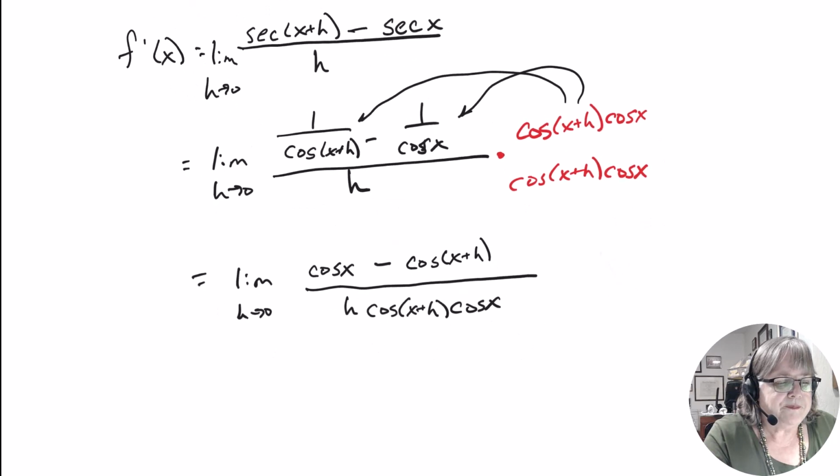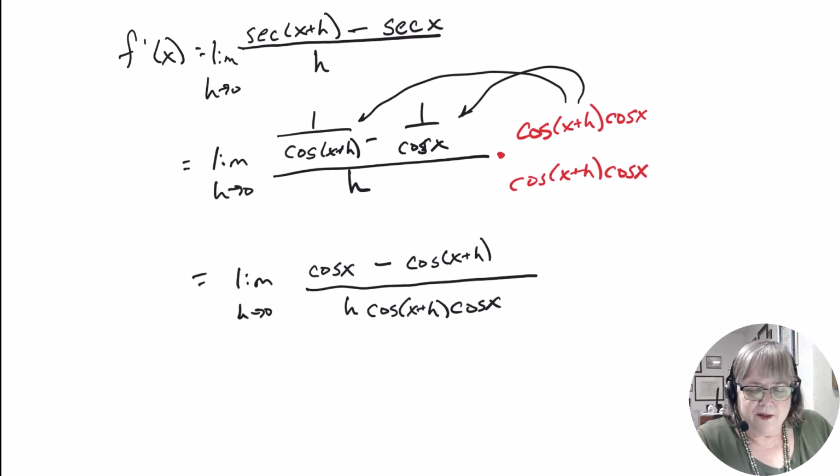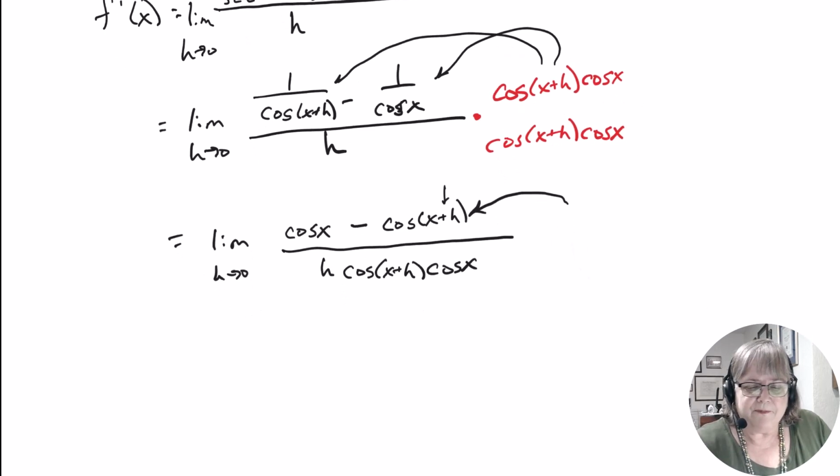All right. Now this part right there, we're going to use the sum and difference formulas again, and this is cosine of a sum. So cosine goes cosine, cosine, sine, sine, and if this is a plus, it's going to be a minus in between because it switches, right?